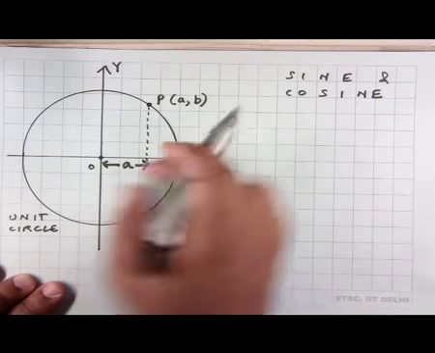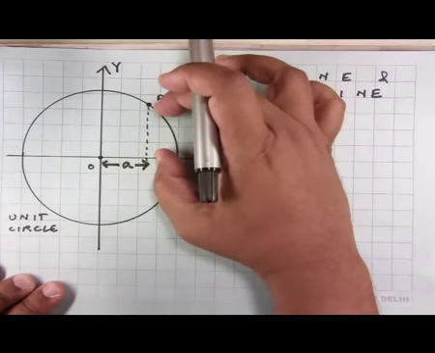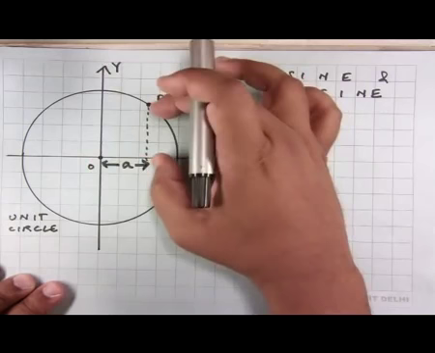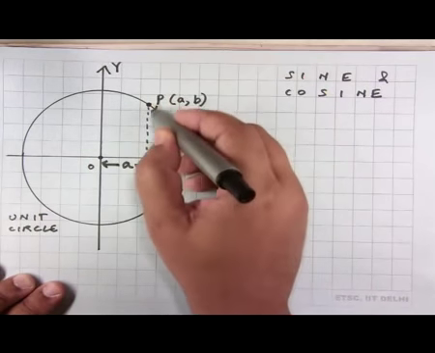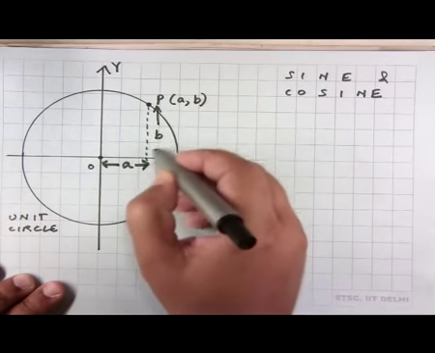and this length is the projection of this point onto the y axis, and of course, that will be equal to B units.